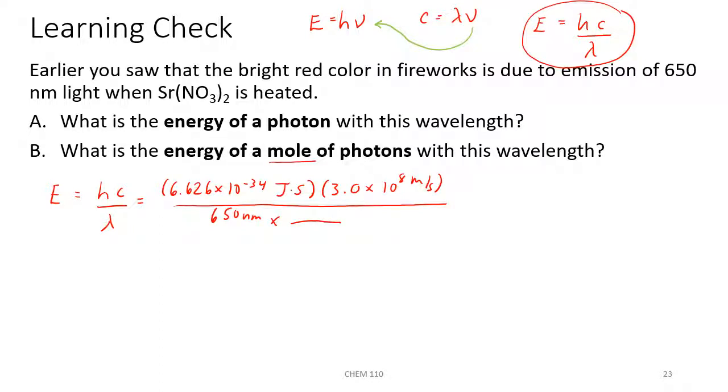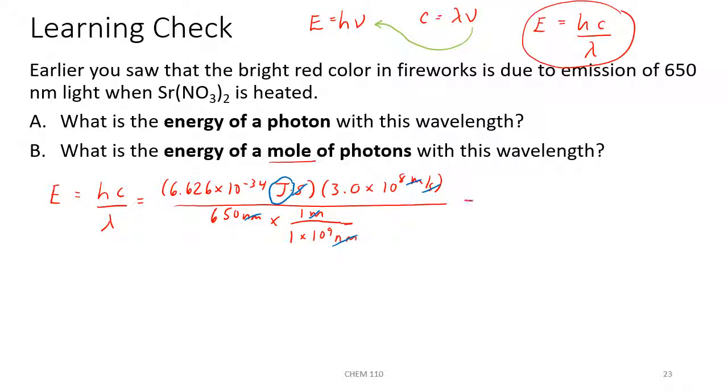So we have 1 meter on the top and 1 times 10 to the 9th, or a billion, nanometers in the denominator. Check that everything cancels. Nanometers cancel. Meters is on the bottom and the top, so that cancels. Seconds cancels with inverse seconds, and we're left in units of joules.